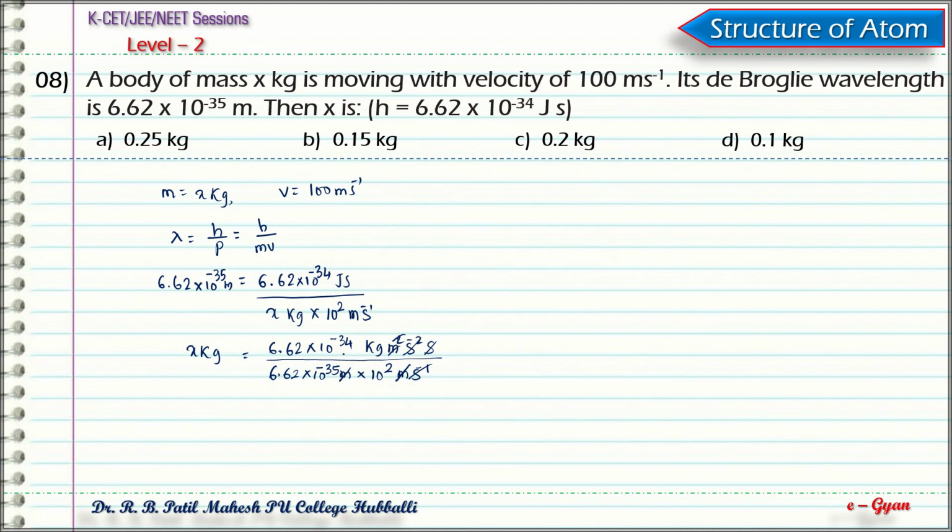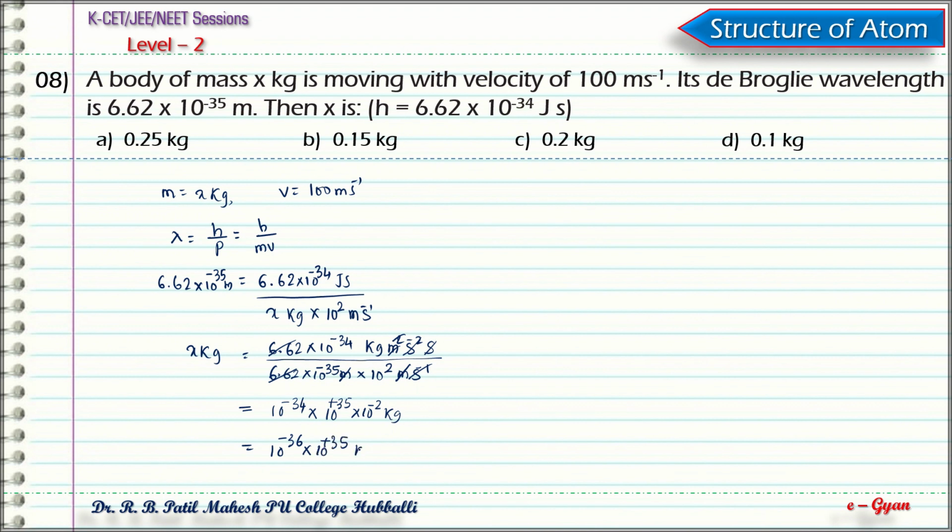So answer what we are going to get, it is in terms of kg, and that we want, which is equal to 6.62 get cancelled, 10 to the power minus 34 into 10 to the power plus 35 into 10 to the power minus 2 kg, which is equal to 10 to the power minus 34 minus 2, which is equal to 10 to the power minus 36 into 10 to the power plus 35.